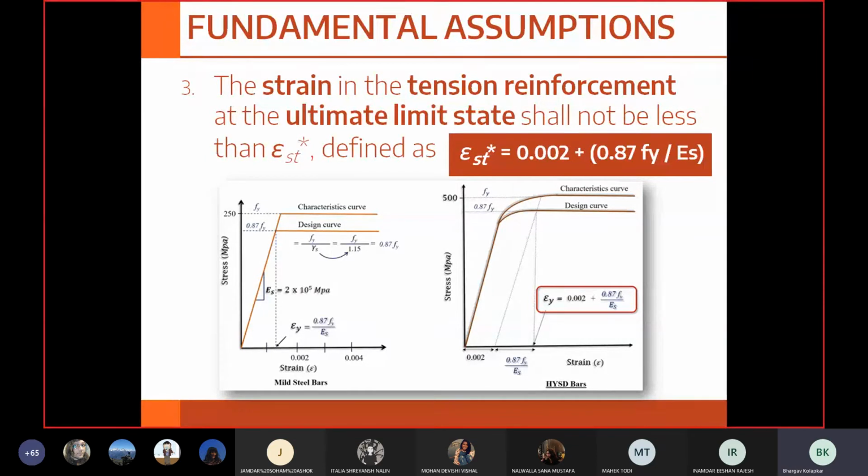Okay. And if you remember, we worry about deflections only under service conditions. We do not worry about deflections when the member is about to collapse.